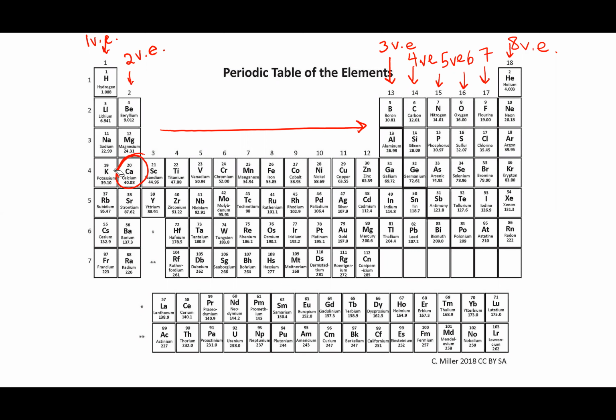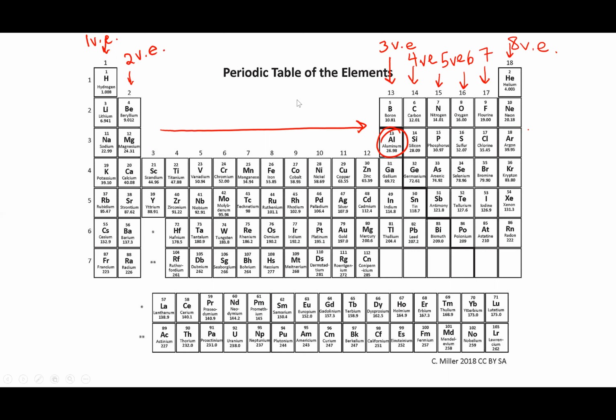Let's say something like argon, over here. Argon's in that last column. If we look at the top, that's 18, so we can look at the ones place, or it might say 8A: 8 valence electrons. Let's look at aluminum here.